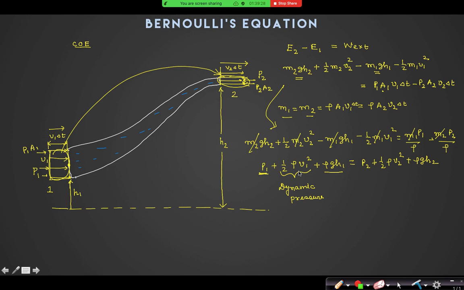So this is where the difference lies between static and continuity. This pressure is known as dynamic pressure, and this equation is Bernoulli's equation. So what is Bernoulli's equation? P plus half rho V square plus rho GH is equal to constant. You need to remember this one.